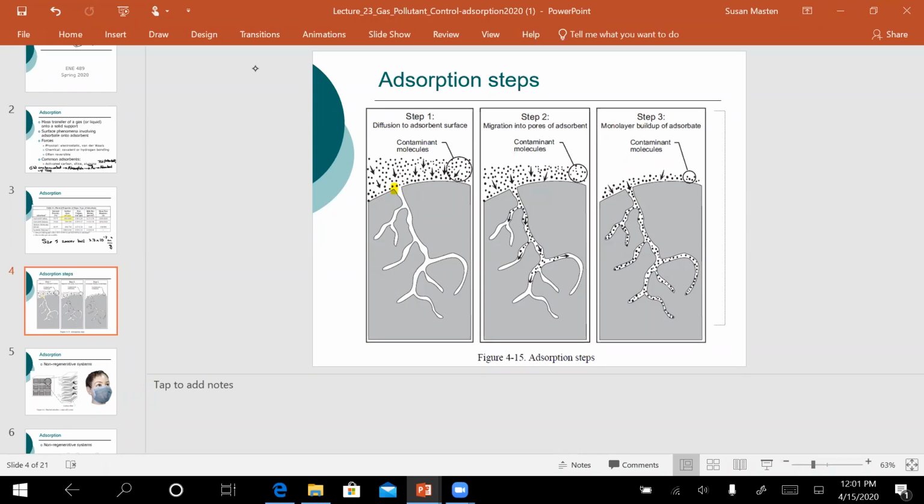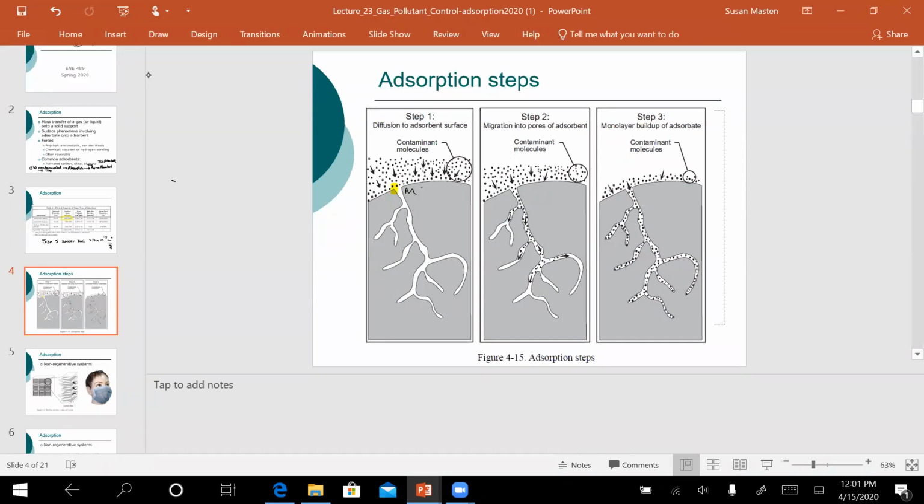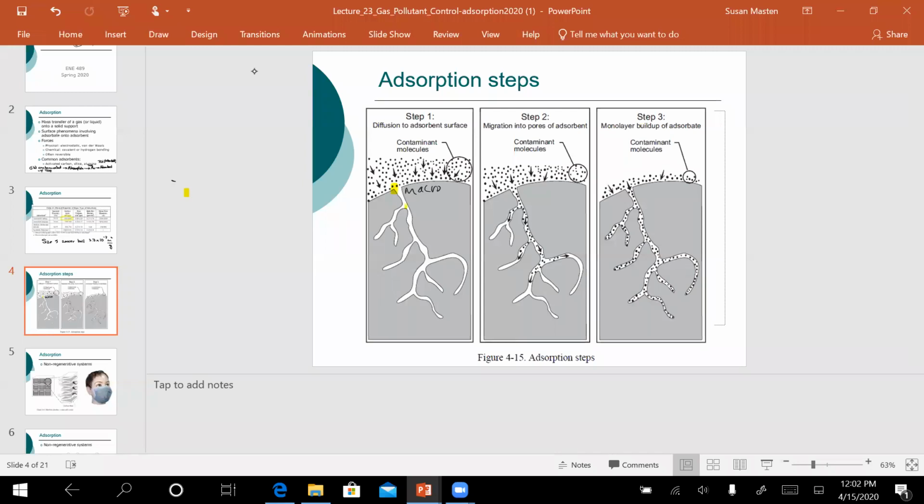That molecule initially enters what we refer to as the macropores. So these are the pores close to the surface. That particle then can diffuse into the pore structure, and most of the surface area is actually in the pore structure.